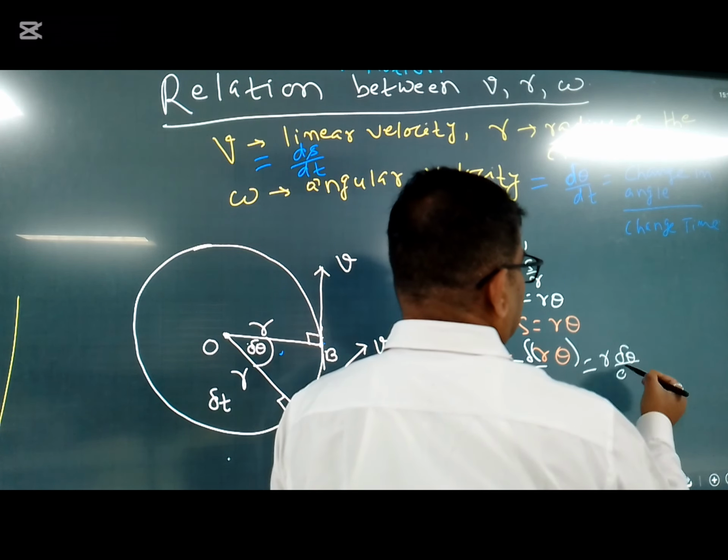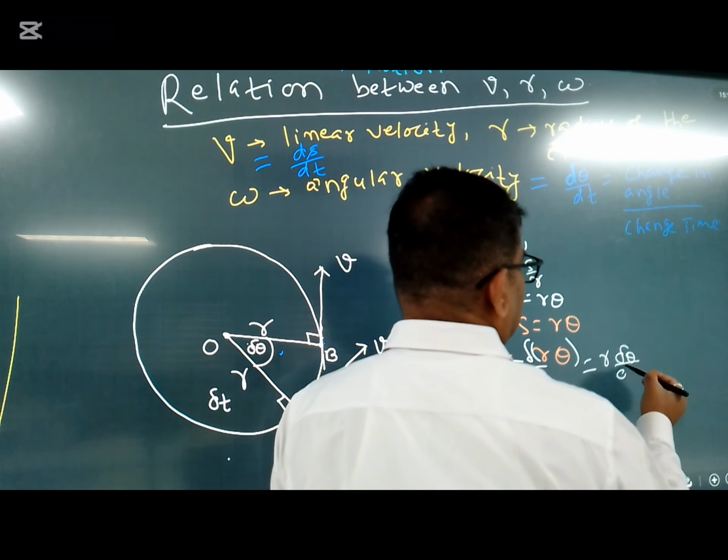You can check that v is defined as ds by dt. So in place of ds by dt, you can write v, and R is there, and d theta by dt, the rate of change of angle, is omega, the angular velocity. Therefore, in place of d theta by dt, you can write omega. Therefore, the relationship between v, r, omega is now established.